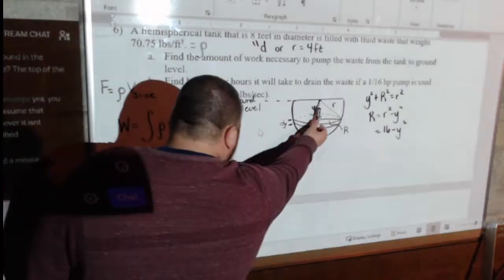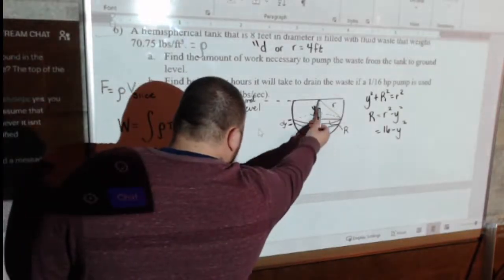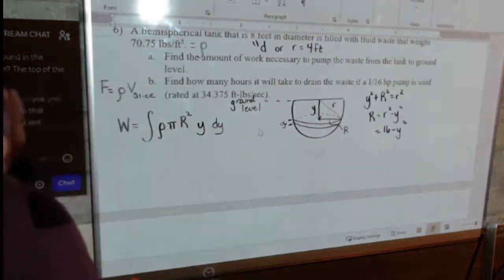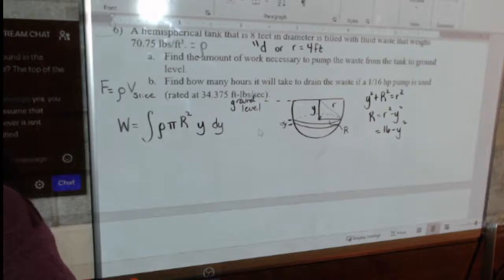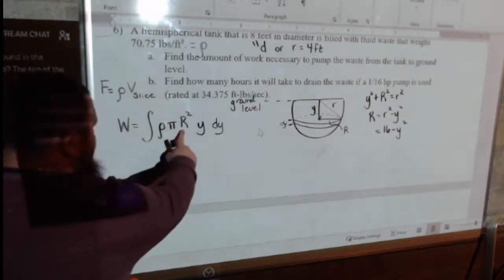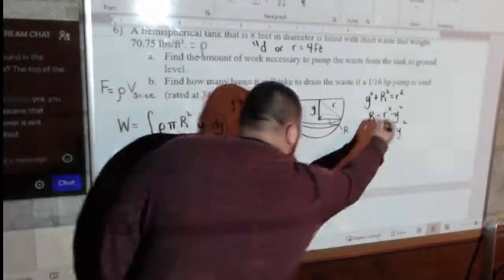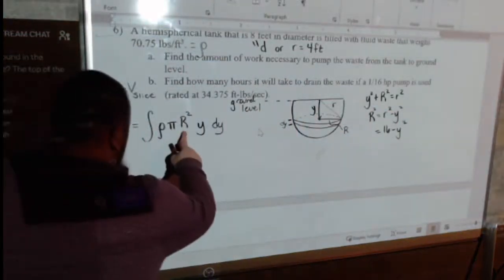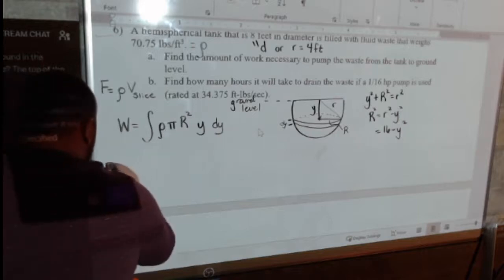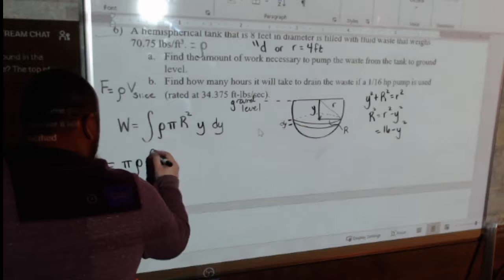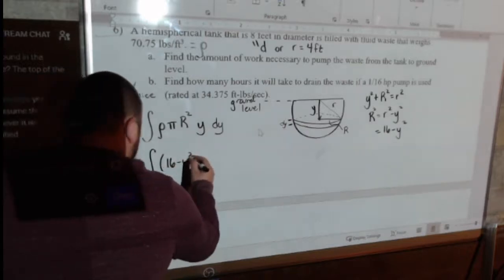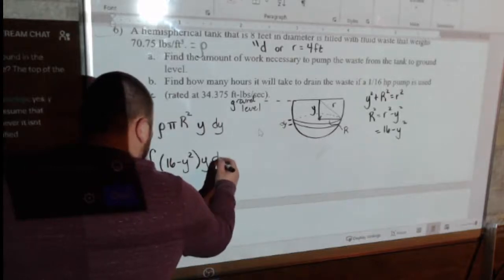Well, if ground level's at the top there, and I called the distance down from ground level down to the slice y, it has to travel a distance y. So now substitute in, sorry, this is R squared there. I need to substitute in R squared and integrate. So this is pi rho integral 16 minus y squared times y dy.